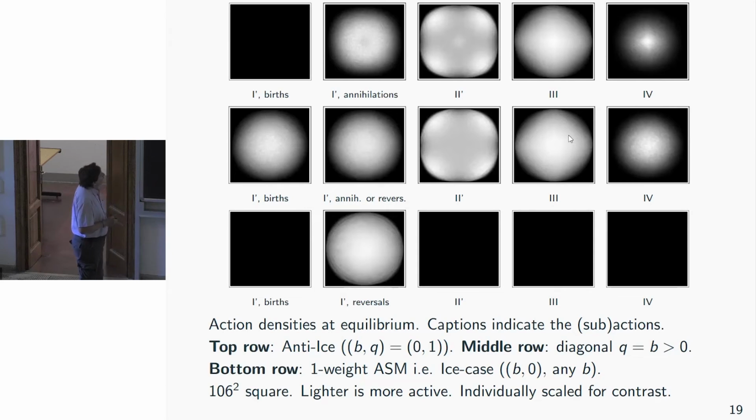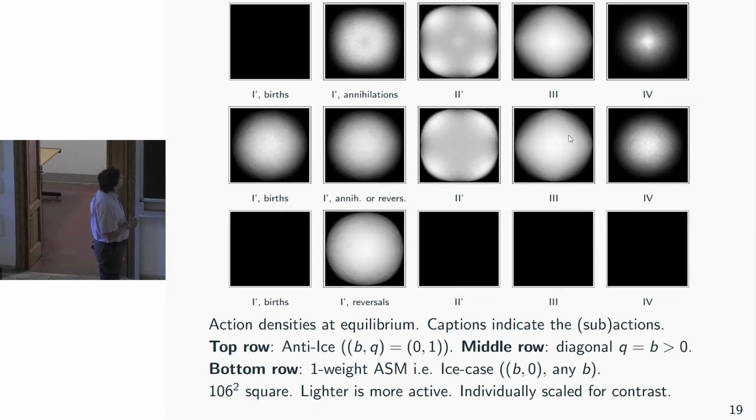And as it's now known, this curve here, which bounds this support, is the one that comes from one weight ASM, or delta equals 1/2 for the ice model. Okay, so this is ice.